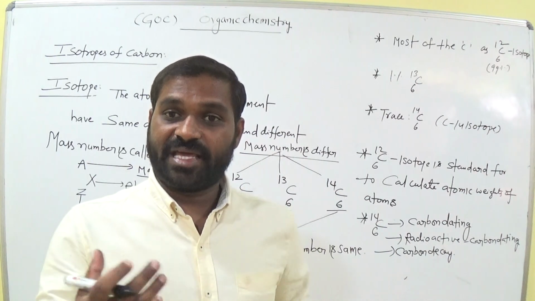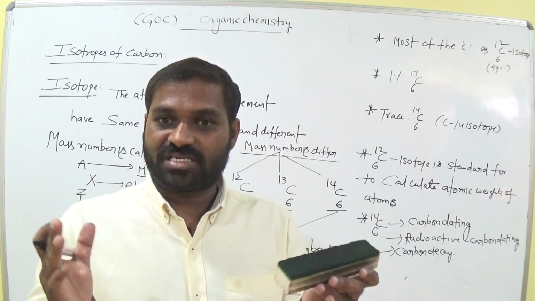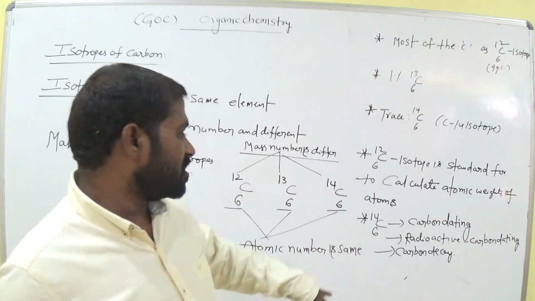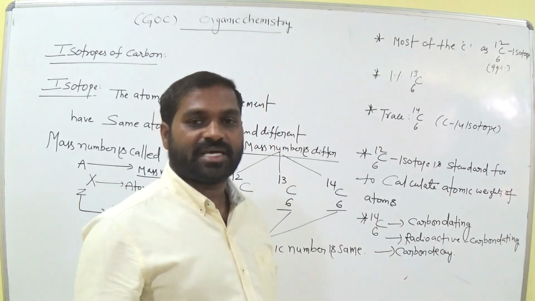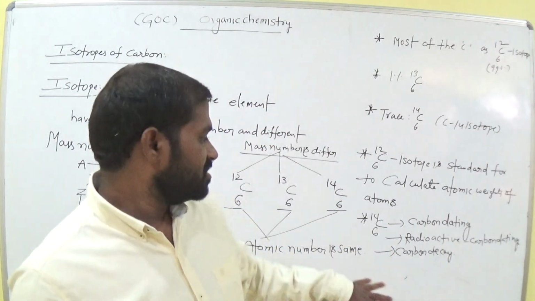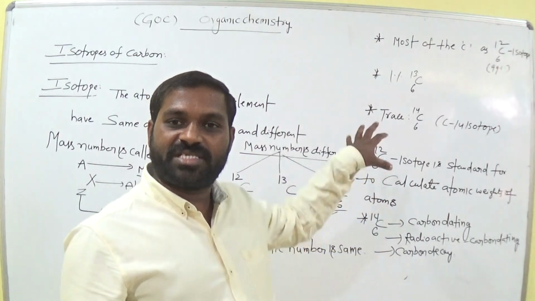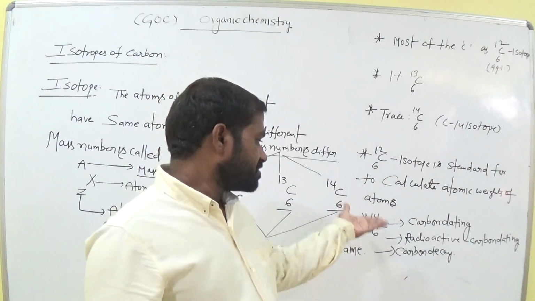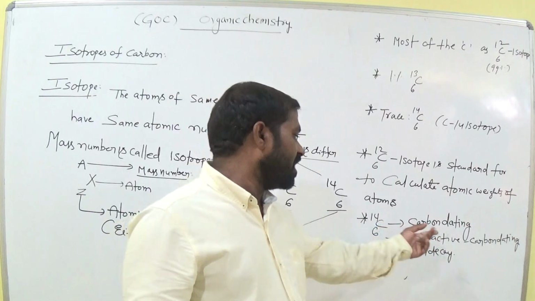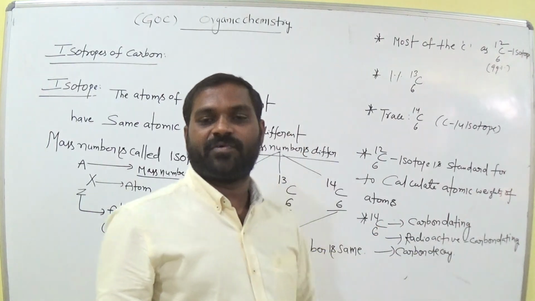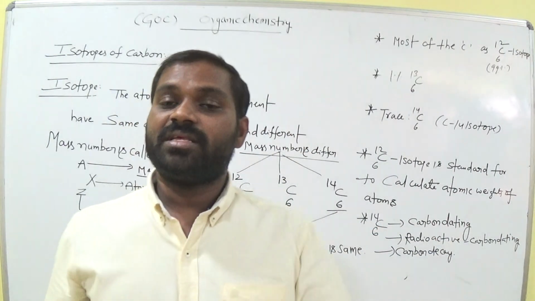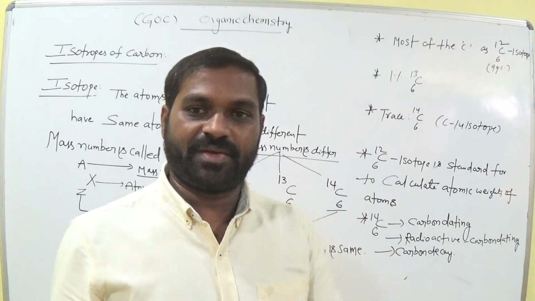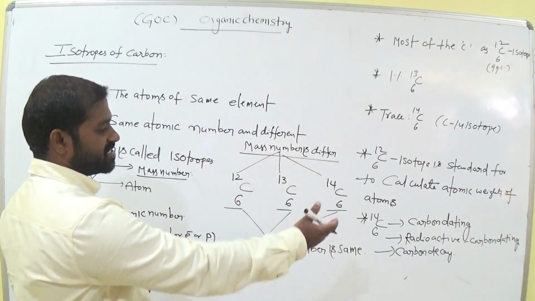We can calculate the age of that stone or object or statue depending on this C14 carbon. How much quantity of C14 decreases in that object, that is called carbon dating. Based on this C14 isotope we can calculate the age of historical objects. Very important point, so that we call carbon dating.